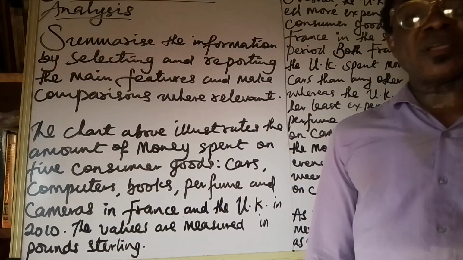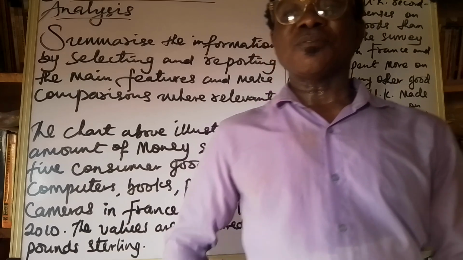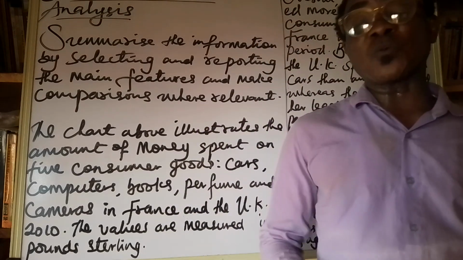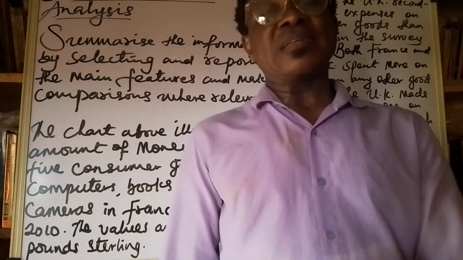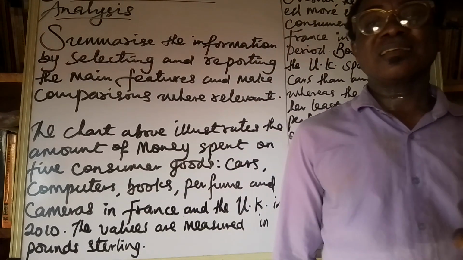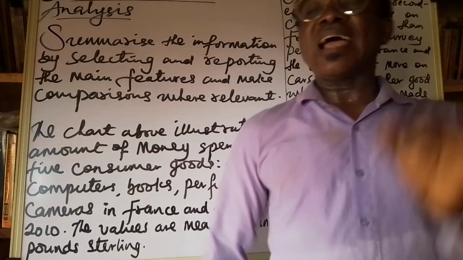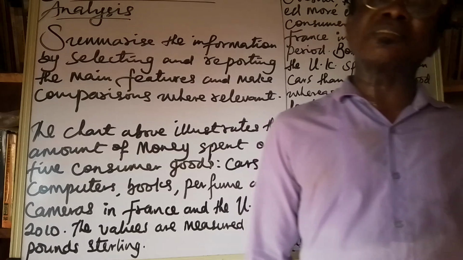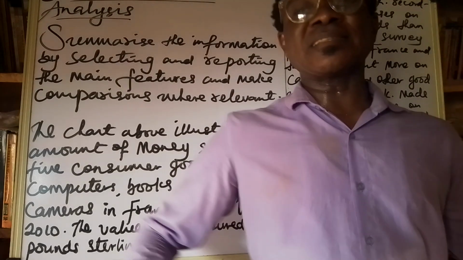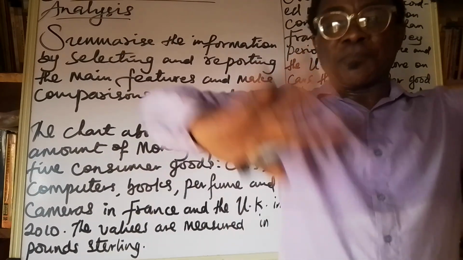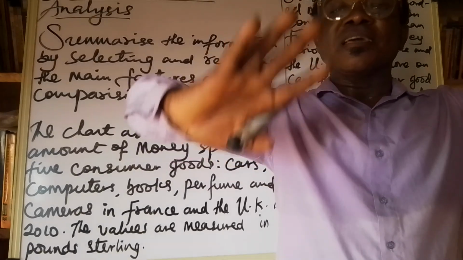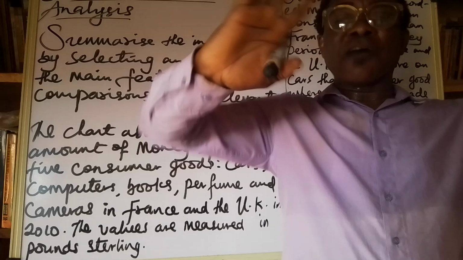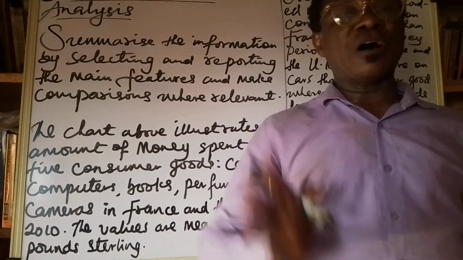The second paragraph, which IELTS students often refer to as the overall, because the word overall frequently begins this second paragraph, does not present an analysis of figures. No, it does not present figures. It simply presents the overall impression that the analyst can get at a glance after taking a look at the bar chart.